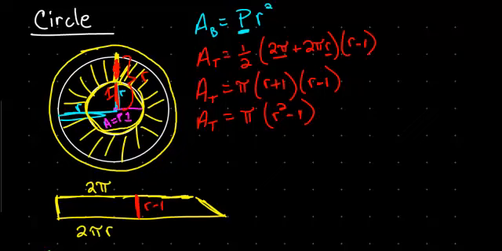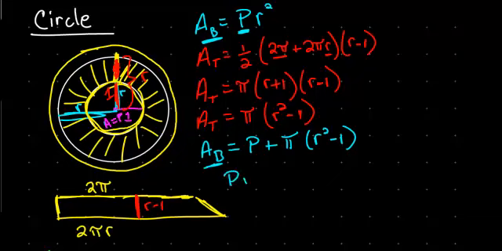So we get that the area of the big circle equals the area of the smaller circle, which is P, plus the area of the trapezoid, which equals pi times r squared minus 1. Okay? But we know up here that the area of the big circle is P r squared. P r squared equals P plus pi times r squared minus 1.